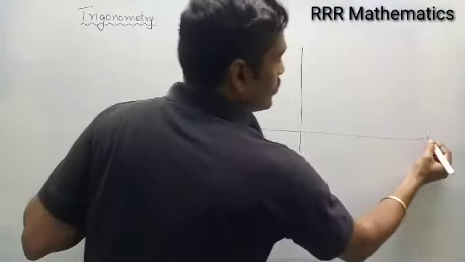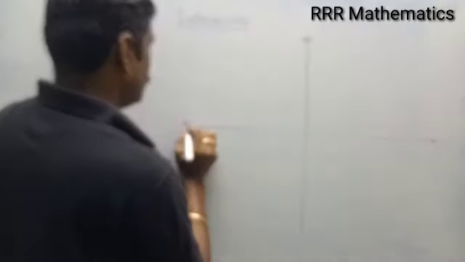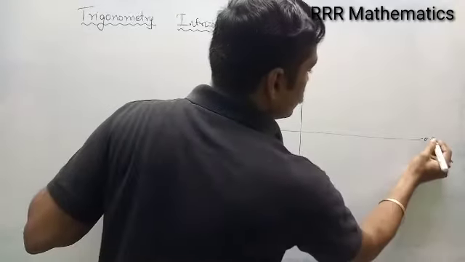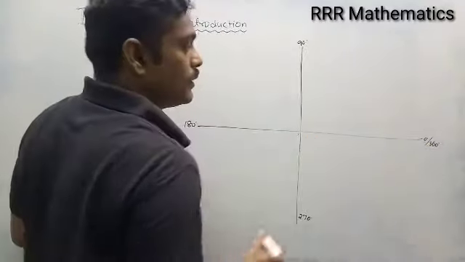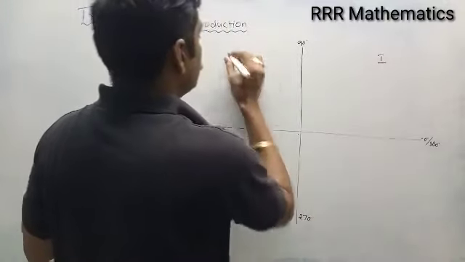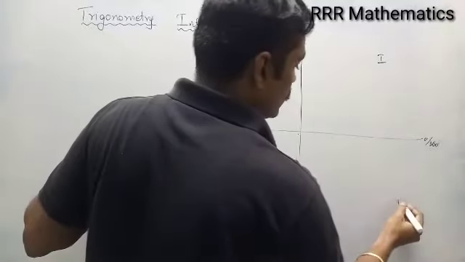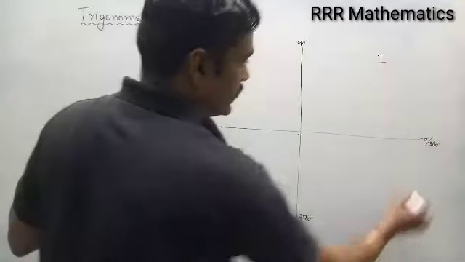See, this is 0 degree, 90 degree, 180 degree, 270 degree, 360 degree. This is the first quadrant, second quadrant, third quadrant, fourth quadrant. One complete rotation starts here, goes around, comes here and then 360.